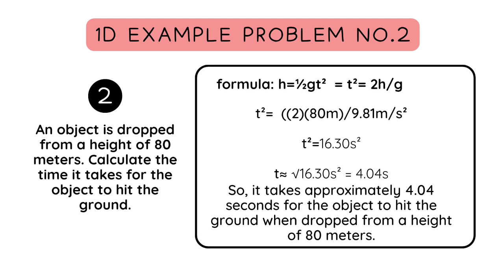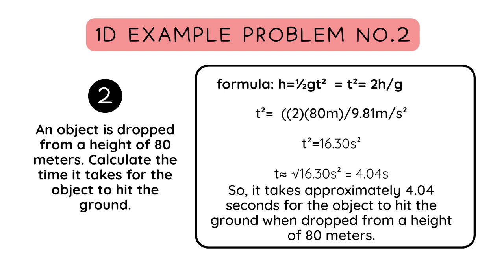It is approximately 9.81 meters per second squared. t is the time. It is what we want to find. So we're going to rearrange the equation to solve for t. t squared is equal to 2h over g.